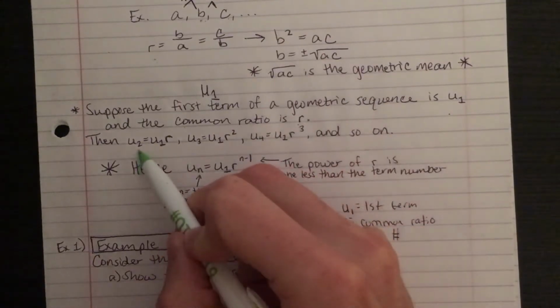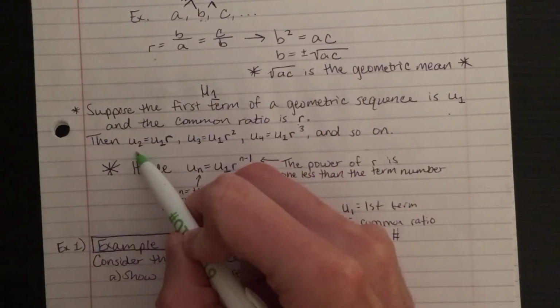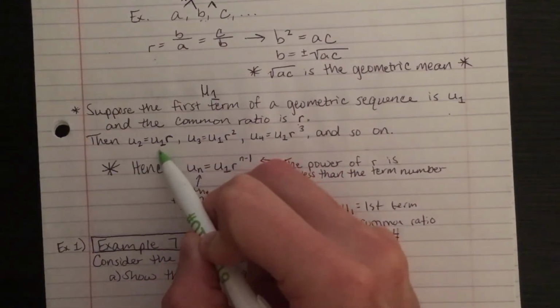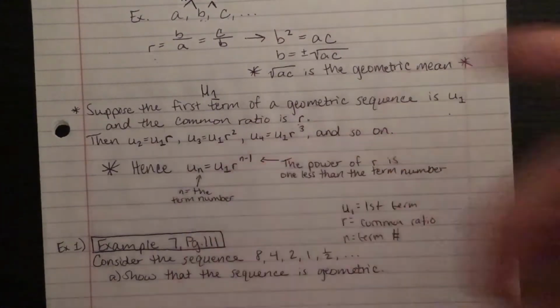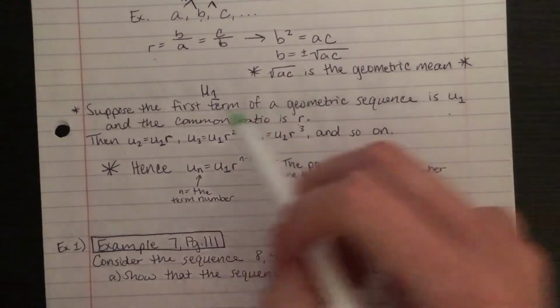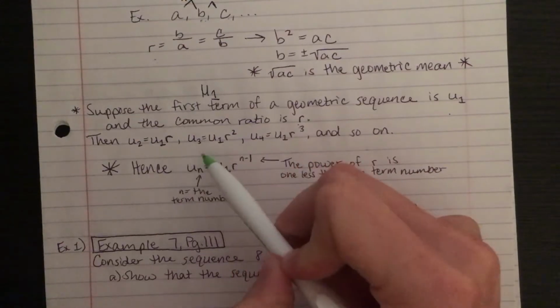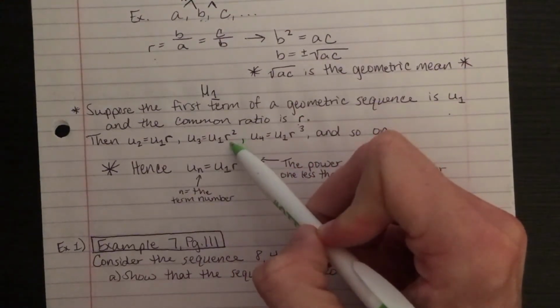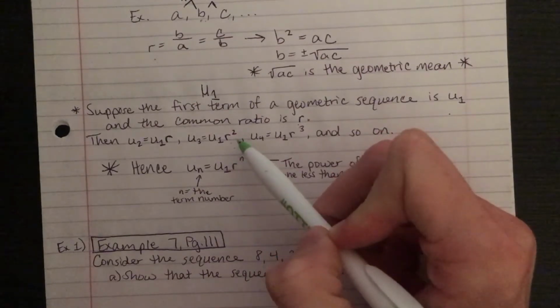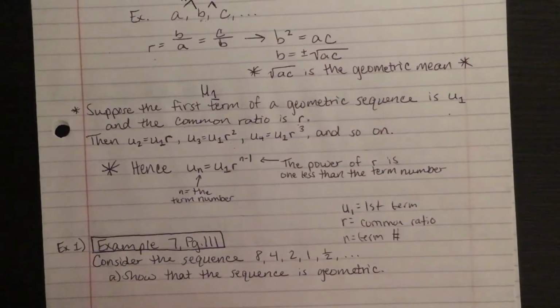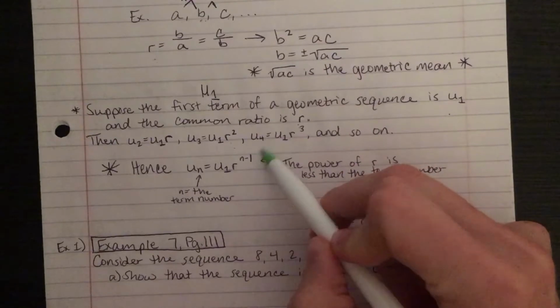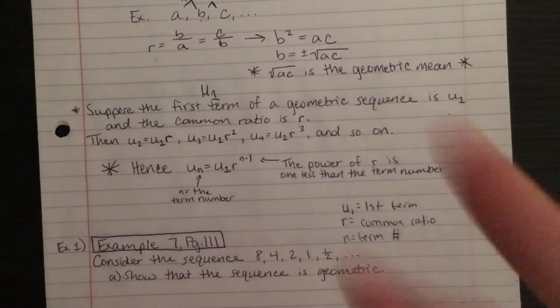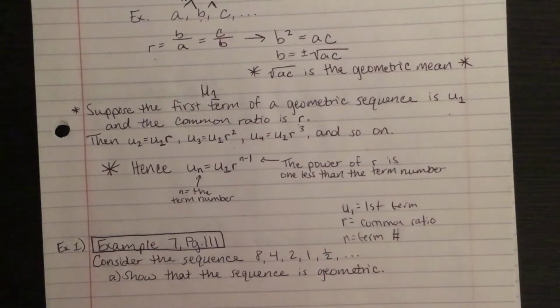If I wanted to get the second term, I would multiply the first term times the ratio. So if the ratio is 2, I'd take the first term and multiply it by 2. If I wanted to get the third term, I'd take the first term and multiply it by 2, and then multiply by 2 again, whatever the ratio is, twice. And to get the fourth term, we would do the ratio 3 times the first term.